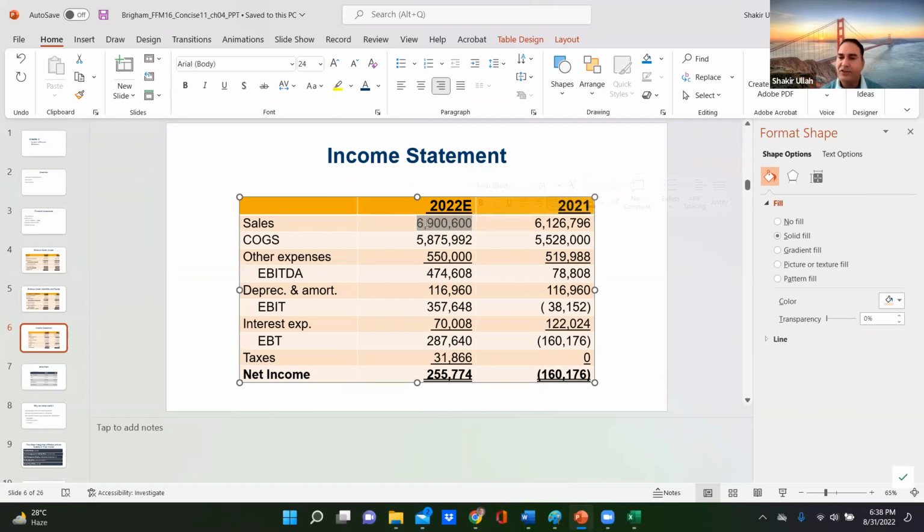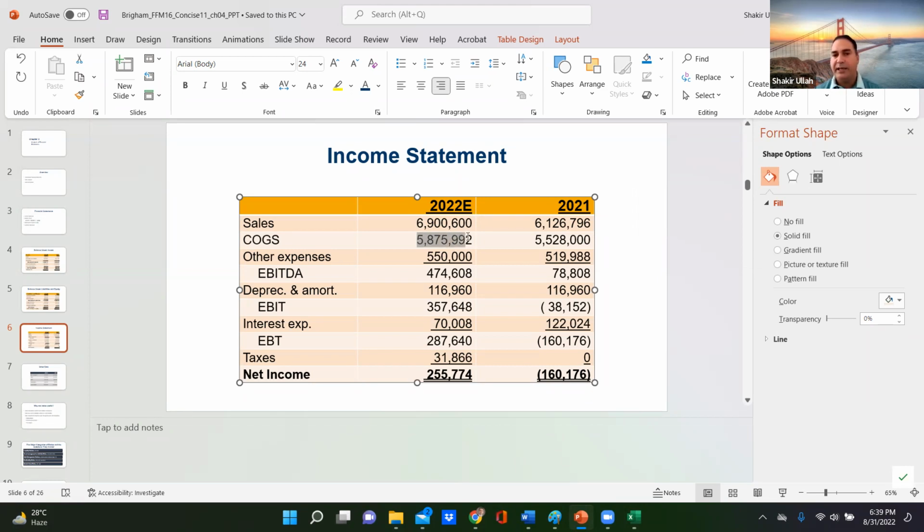Now, what expenses did you incur on this? One of the expenses is what we call the cost of goods sold. This expense is basically the direct expense of the goods that we sold. So for example, if you are a grocery store and you sold a total grocery of 6.9 million, that is what you received from your customers. But the cost of that grocery was 5.875 million, for example.